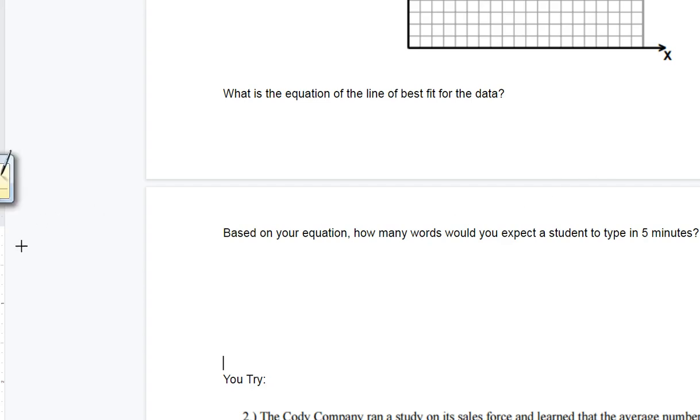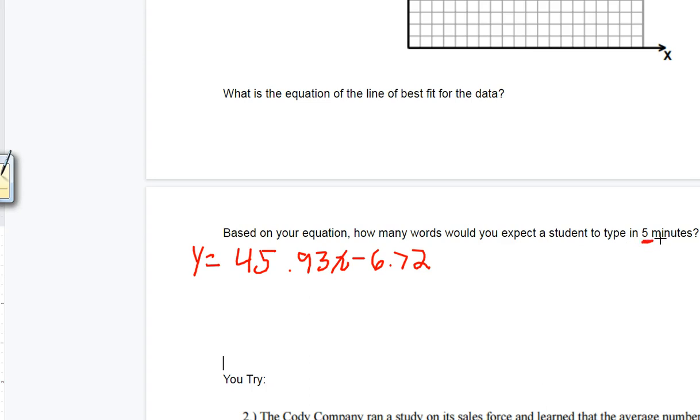We're going to put our equation in here: y equals 45.93x minus 6.72.